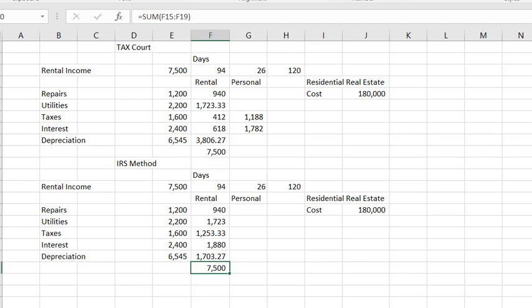Actually, just any type of real estate loss, I'm sorry. But that phases out between $100,000 and $150,000 as described in your textbook.